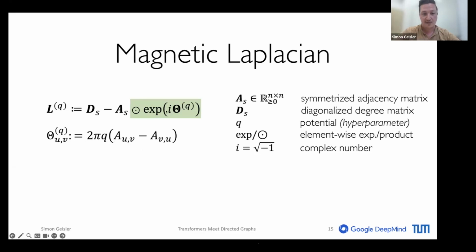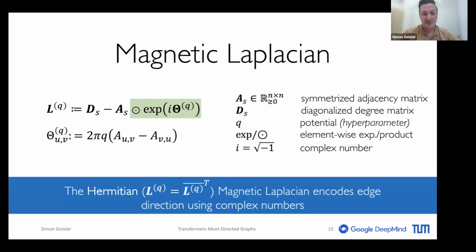And we have this exponential with some complex number now. So you might wonder, if this is not symmetric, what have we actually gained by doing this? We again have something asymmetric. The main point of this construction is that this matrix has some special properties, and it is a Hermitian matrix, which means if I take the conjugate transpose, I end up with the very same thing again. As you might recall from your linear algebra class, for Hermitian matrices the eigendecomposition is again well behaved.